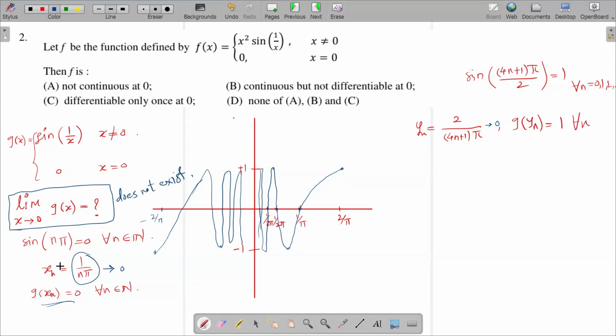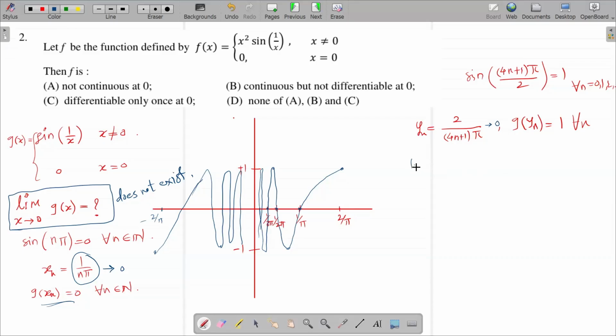Why? Because via one sequence, if I approach 0, then the corresponding g of xn is going to 0. Whereas if I approach 0 via this sequence, the corresponding g converges to 1. That cannot happen. You remember the sequential criteria for limit?